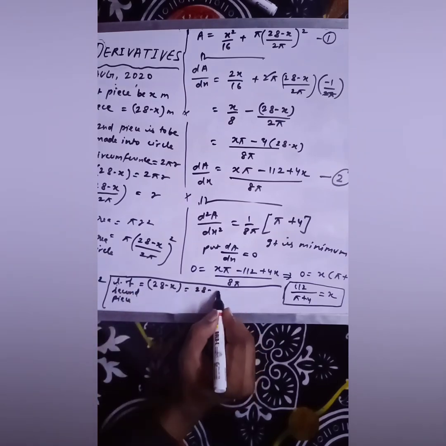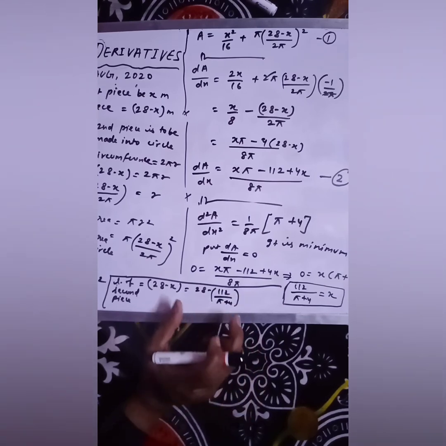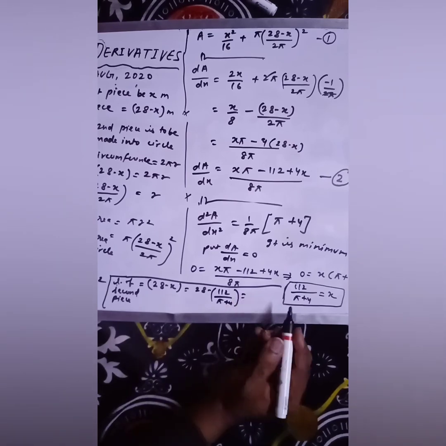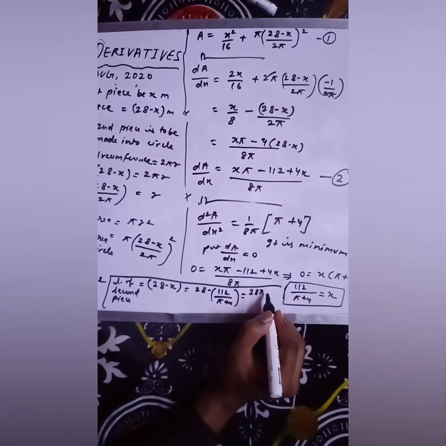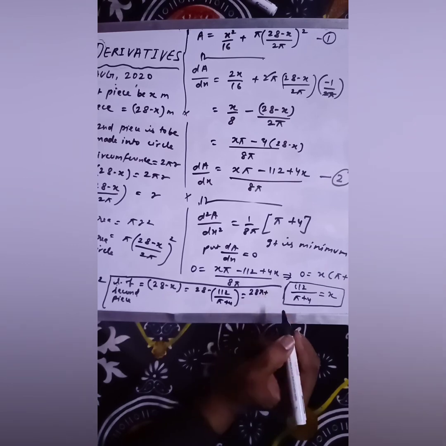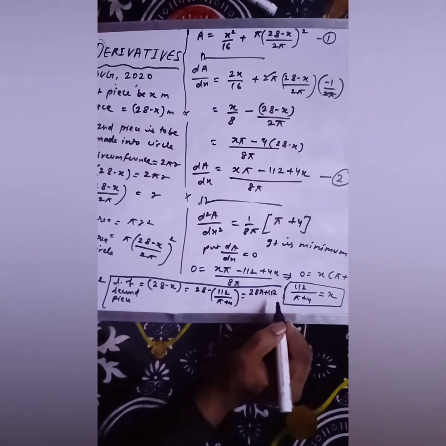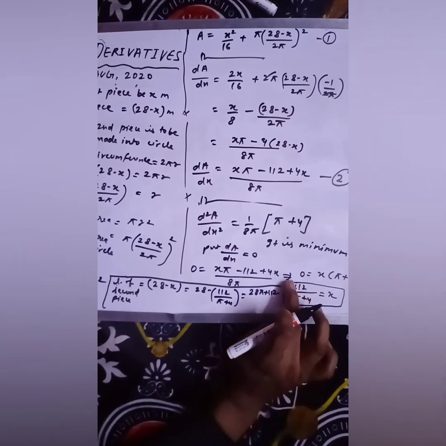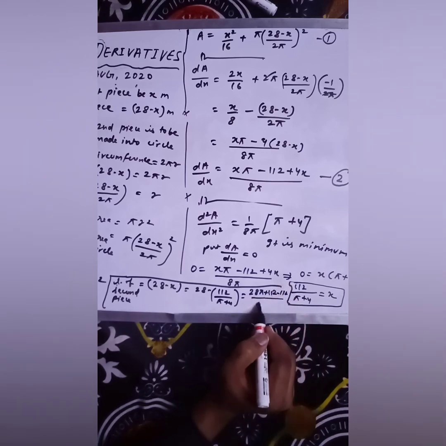So here you have to put this value of x, and on simplification you will get 28 pi plus 112 minus 112 over pi plus 4.